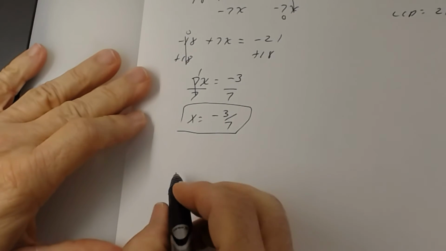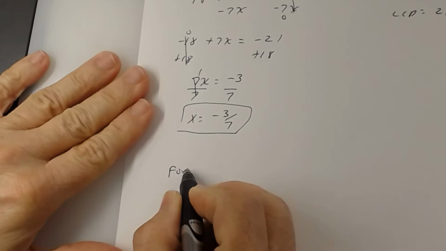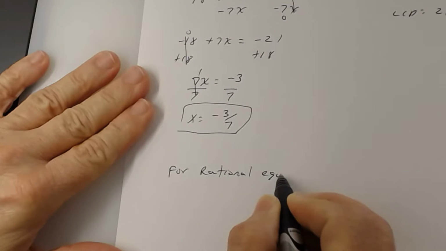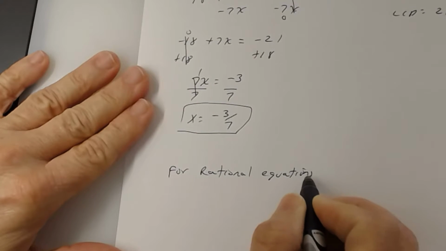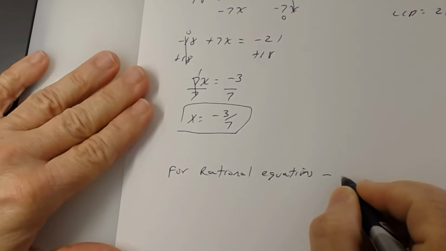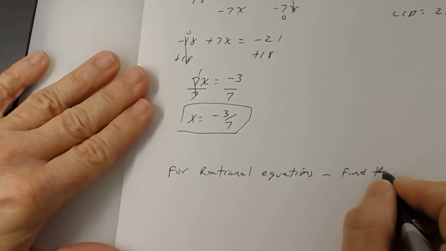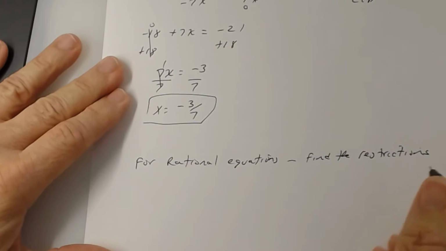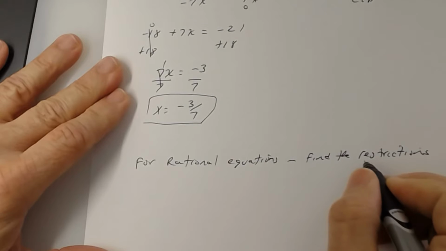So we'll write this down. For rational equations, you need to find your restrictions.